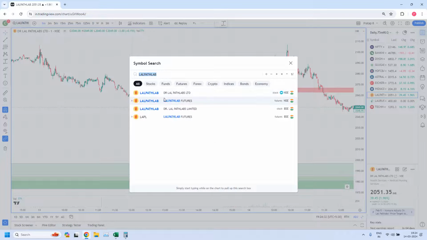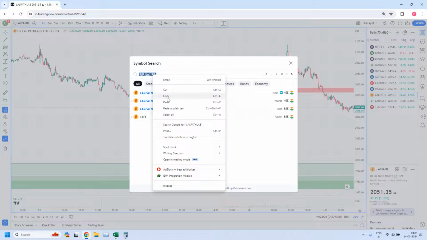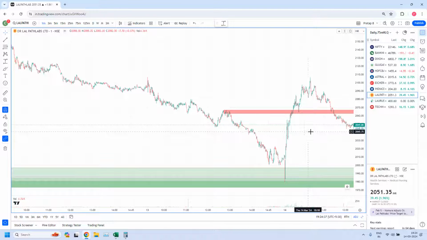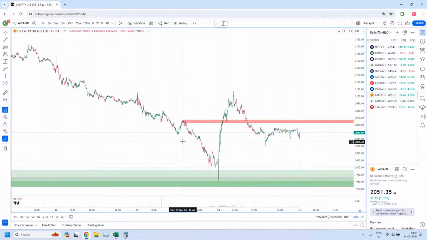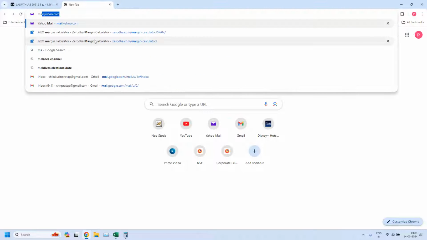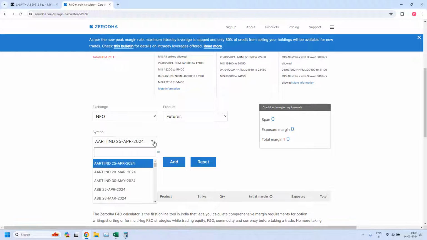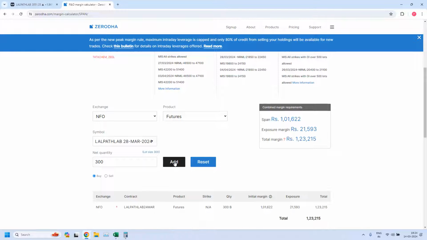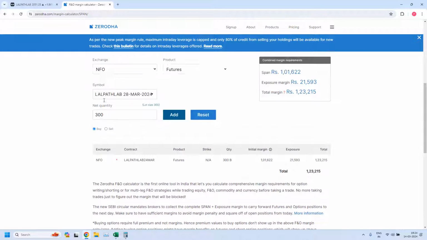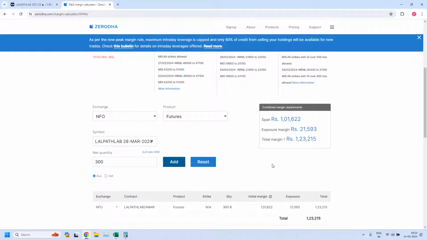So if anybody traded based on the bear trap on this zone today, say for example, how much profit would we have got? Zerodha margin calculator. The lot size is 300, and 1,23,000 is one futures margin.